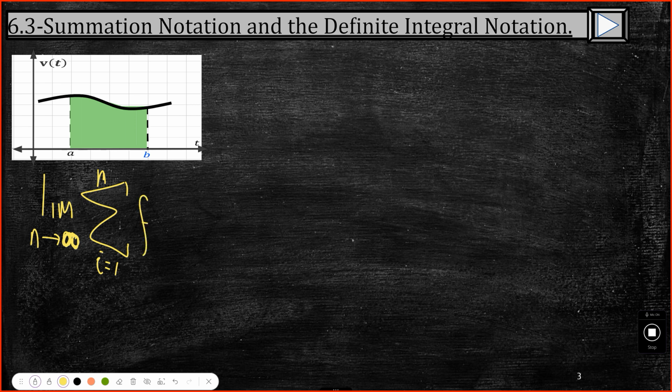which will equal f of x i times the change in x, where change in x is equal to the width of the rectangle.